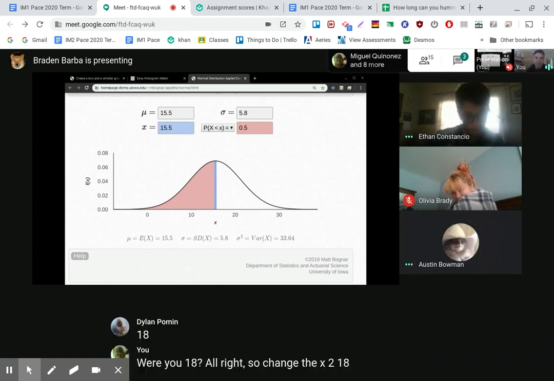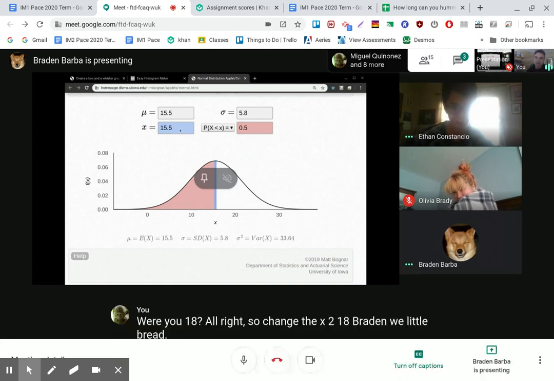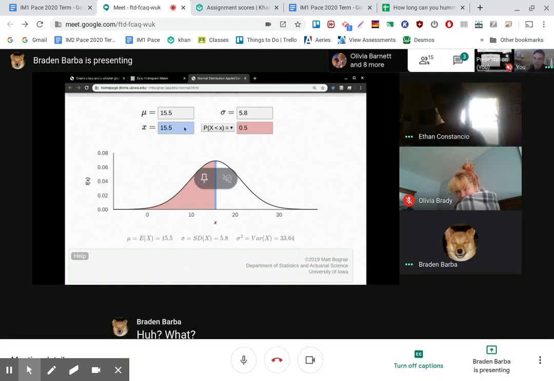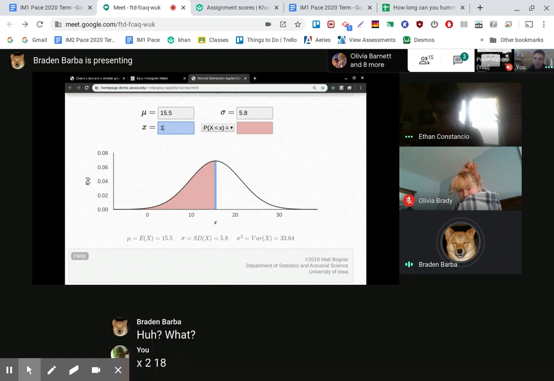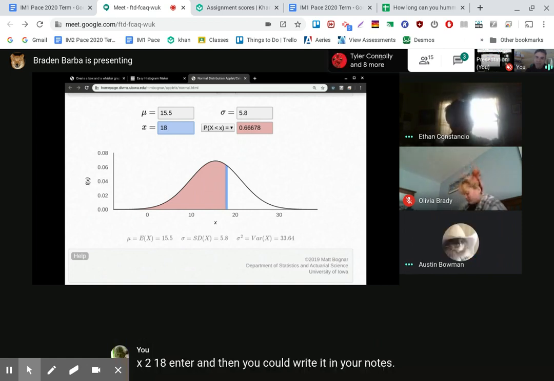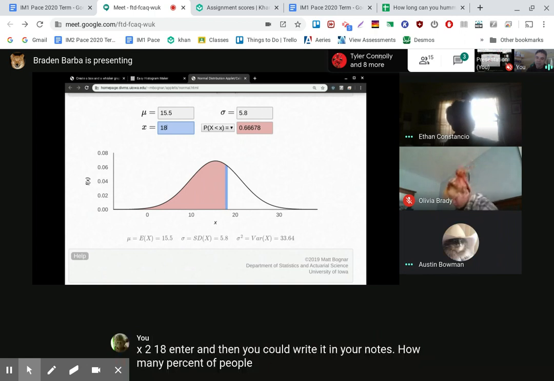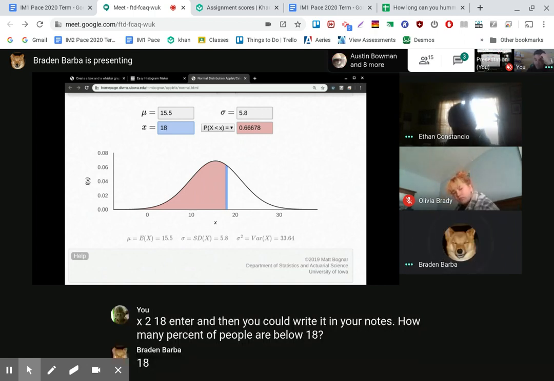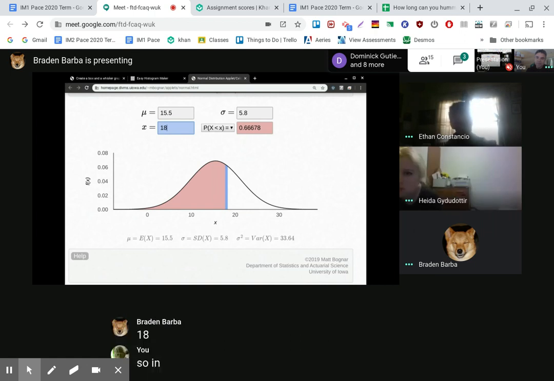Then you could write in your notes how many percent of people are below 18. You don't even have to draw that.